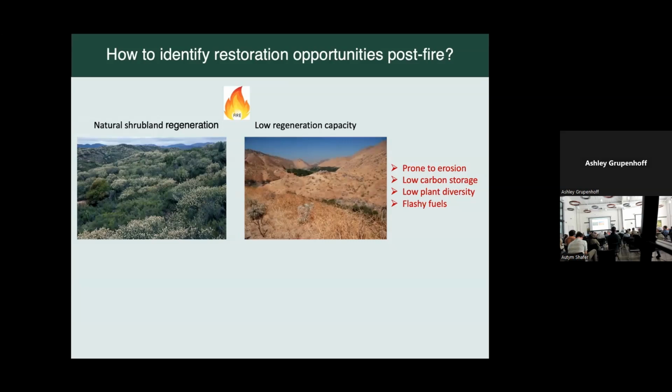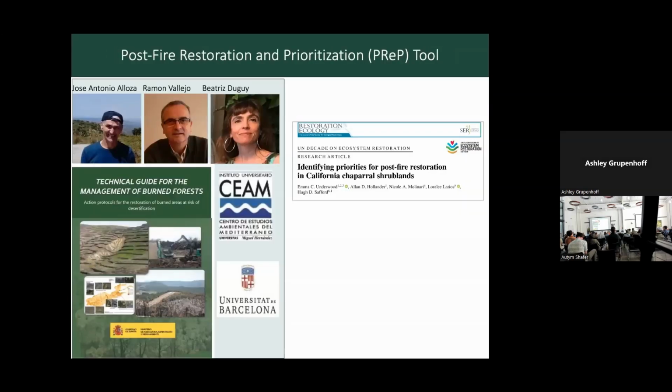And the ramifications of that is that these are now prone to erosion, they have low carbon storage, lower plant diversity, and provide flashy fuels. So how then, in these landscapes of low regeneration capacity, can we identify where the restoration opportunities are, especially when some of these areas are so vast?